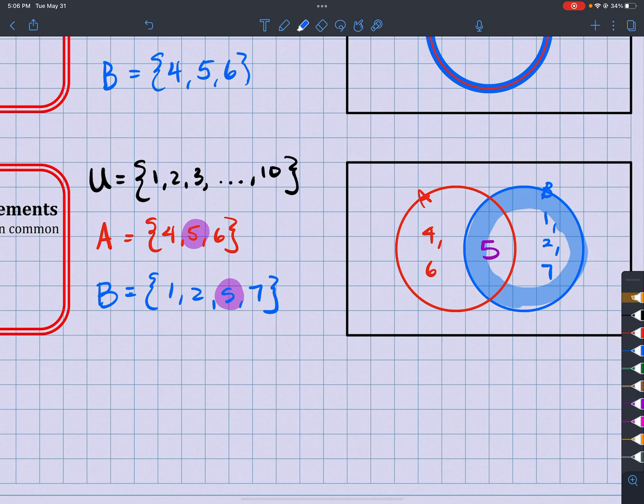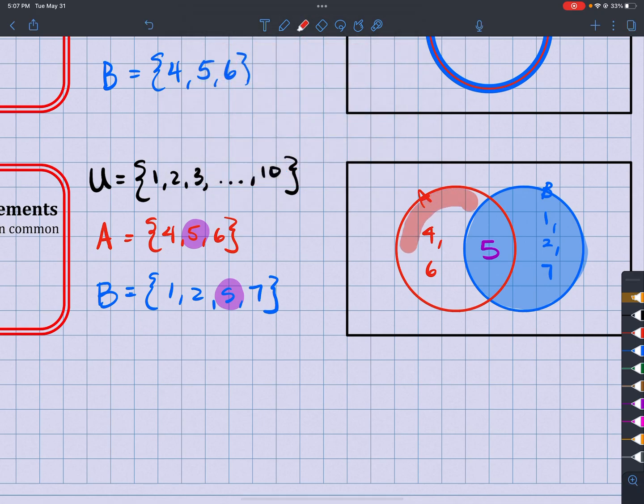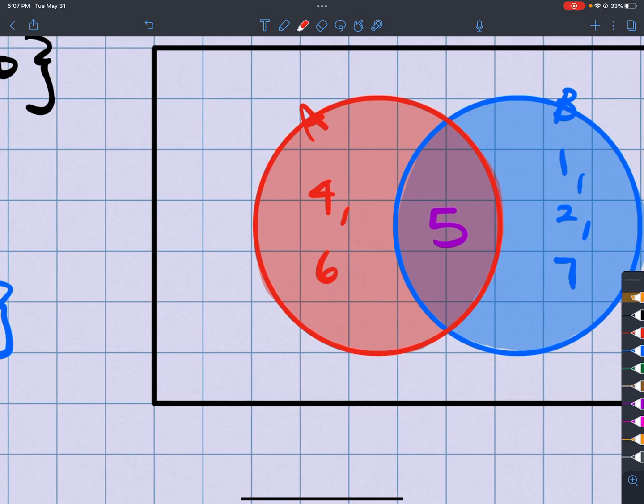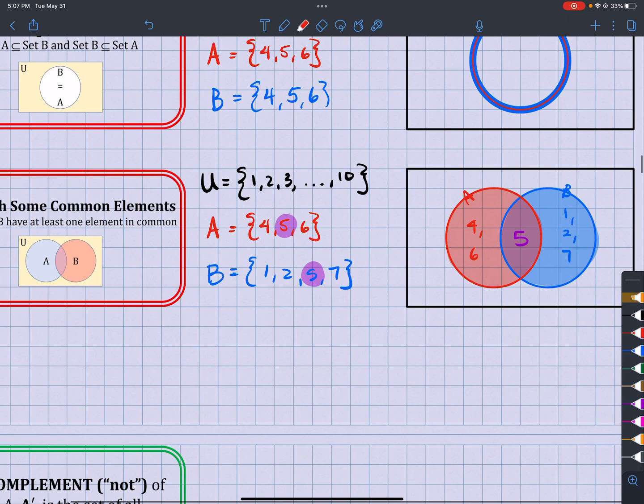You see all 4 of those elements that's already in there. Okay? And if you look at the red, you see the 3 elements, the 4, the 5, the 6. Okay? So you do see that as well. All right? So if you look at individual sets, you see it. But notice what's turned purple, right? Is where they have things in common, which is a 5. All right?